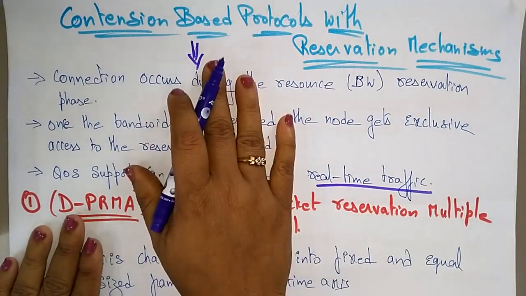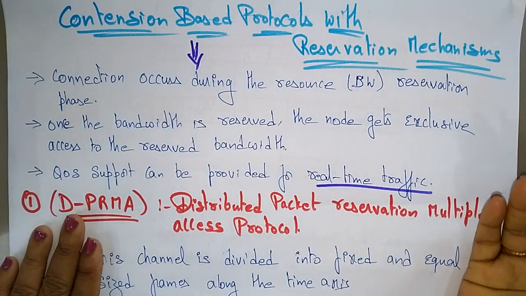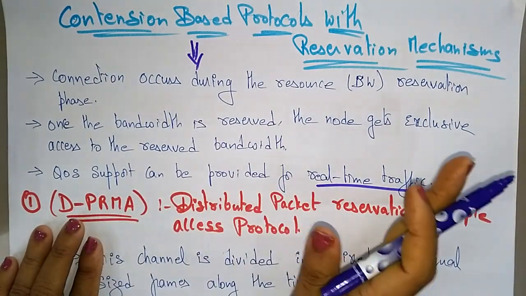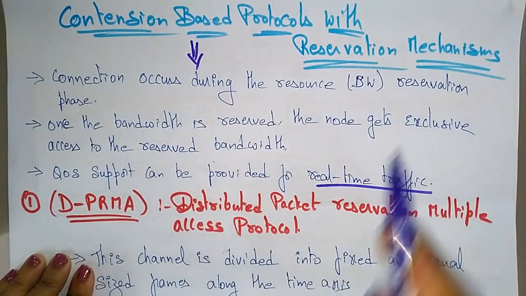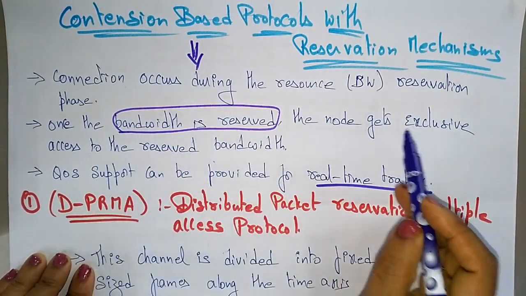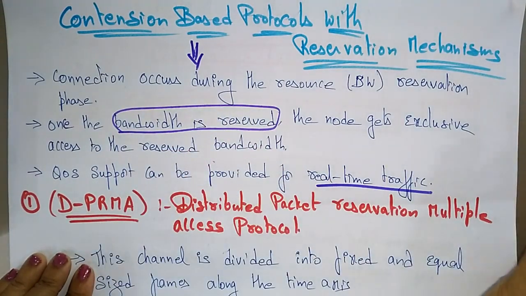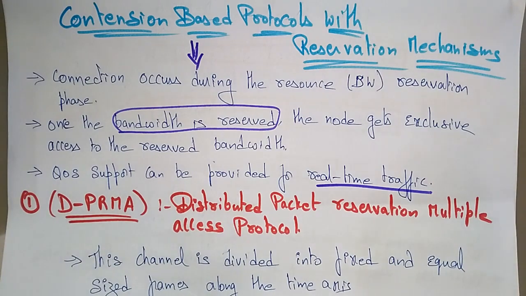Once the bandwidth is reserved, the node gets exclusive access to the reserved bandwidth. Whatever bandwidth is reserved for a particular node, that node has to access with that bandwidth only. That is a reservation mechanism.